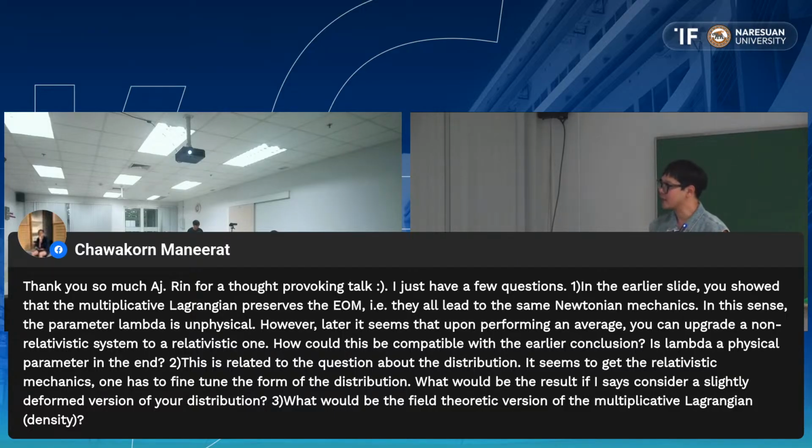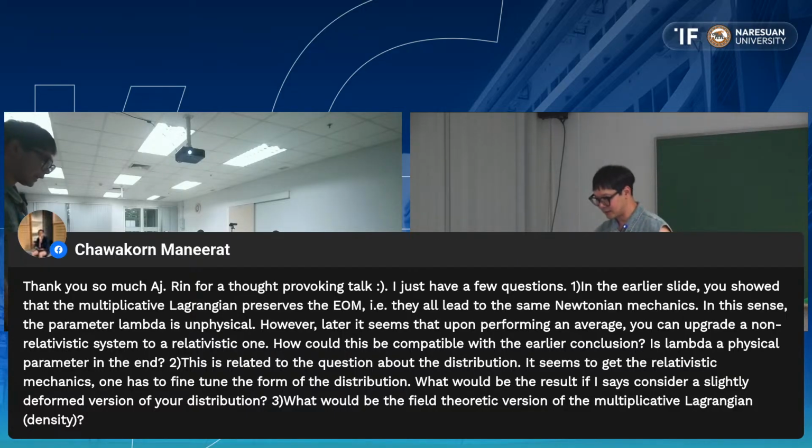We know that it has the same unit as the velocity, but we don't know if it is physical or what. What we realize is that after we do the average, we need to pick lambda to be nothing but C/2. That's what we need to pick.